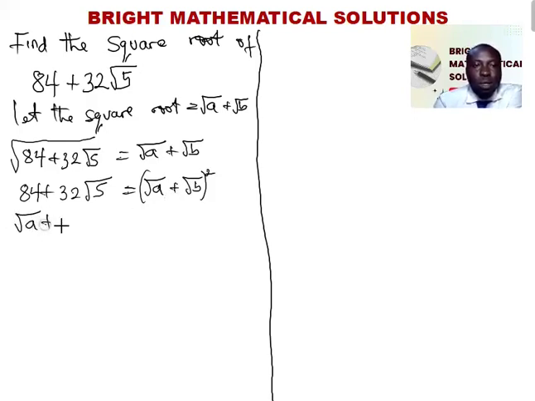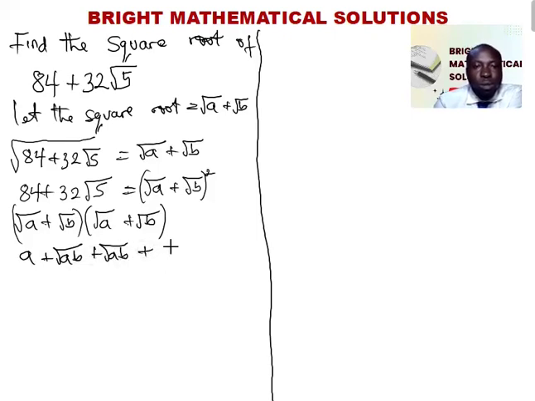That is root A plus root B times root A plus root B. This gives us A plus root AB plus root AB plus B, so A plus B plus 2 root AB.